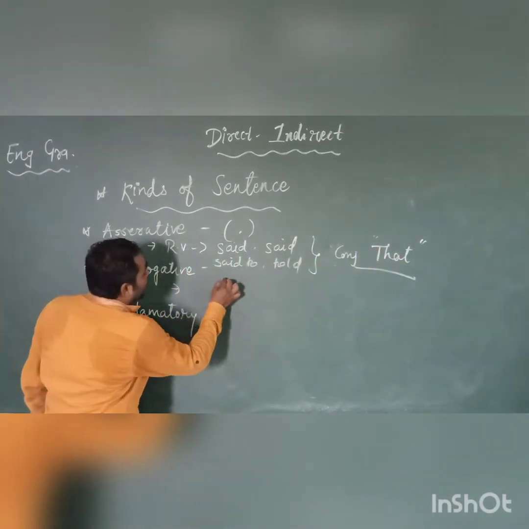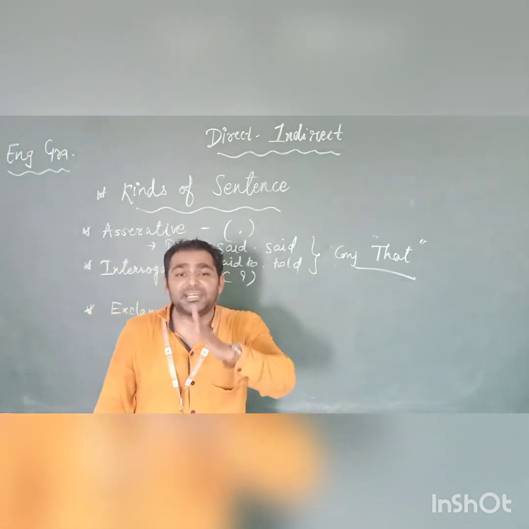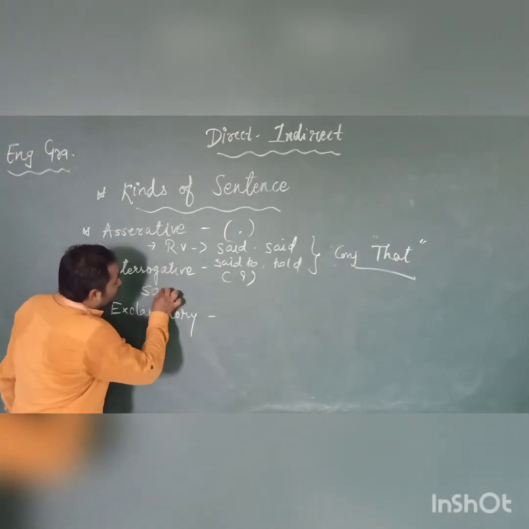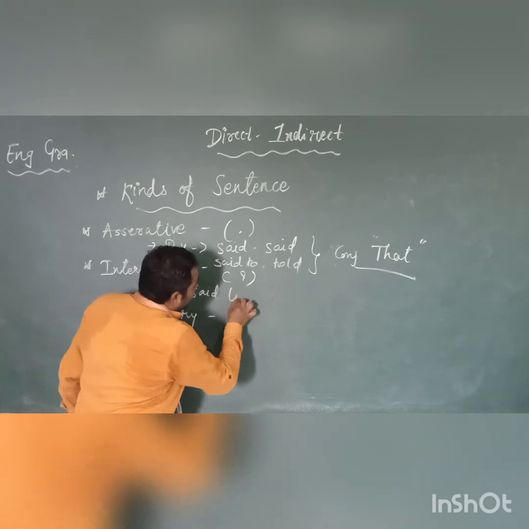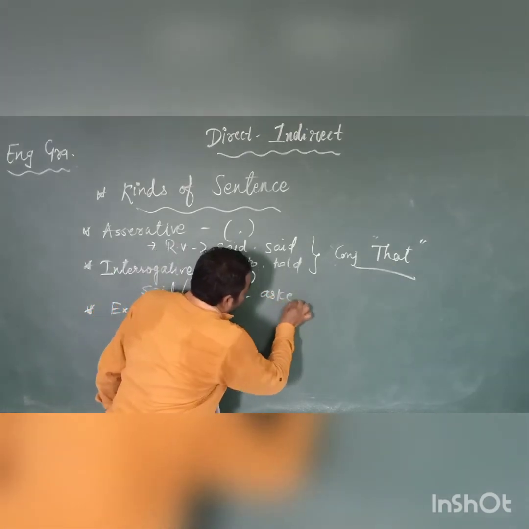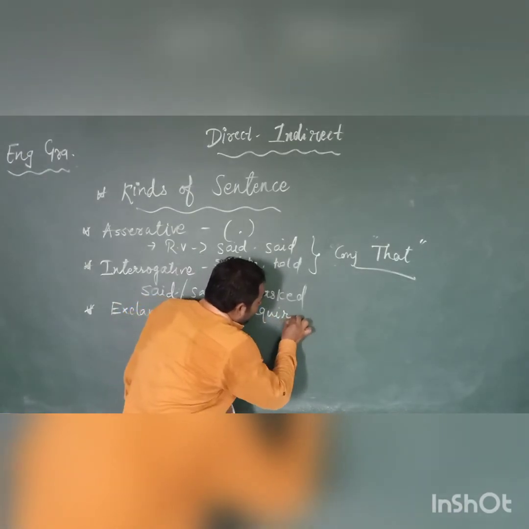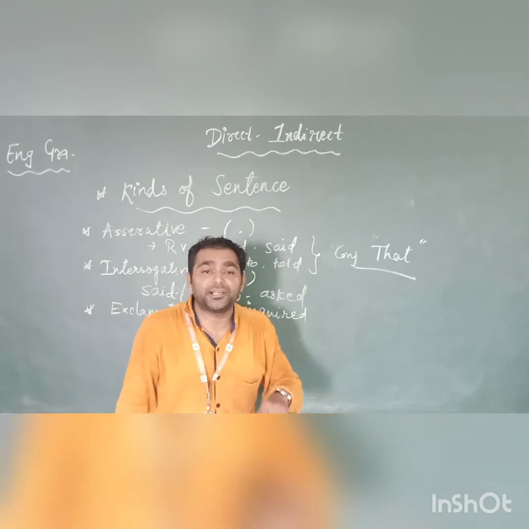Second we are having interrogative, that means with the use of a question mark, the sentence ends with a question mark. At that moment आपको रिपोर्टिंग वर्ब said या फिर said to हो तो वहां पे आपको asked, and sometimes we can use inquired. As a reporting verb we can use asked or inquired.